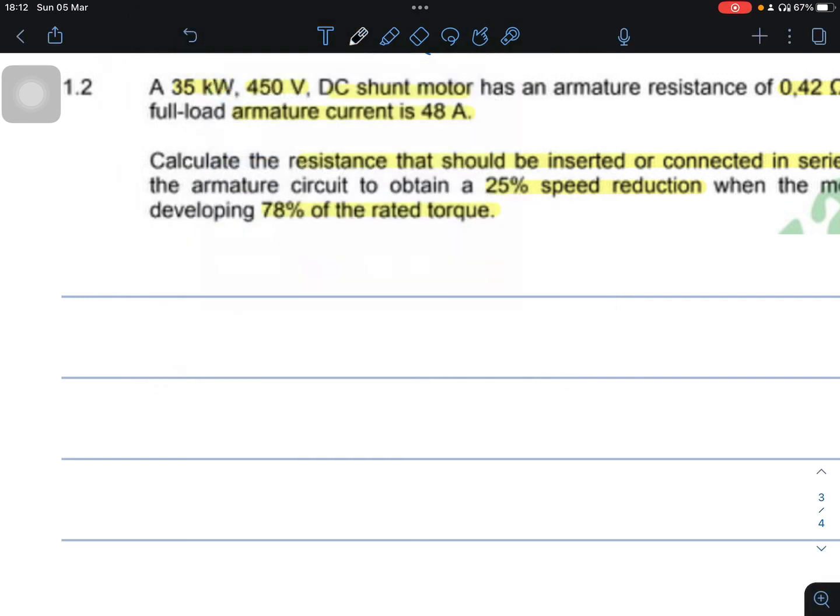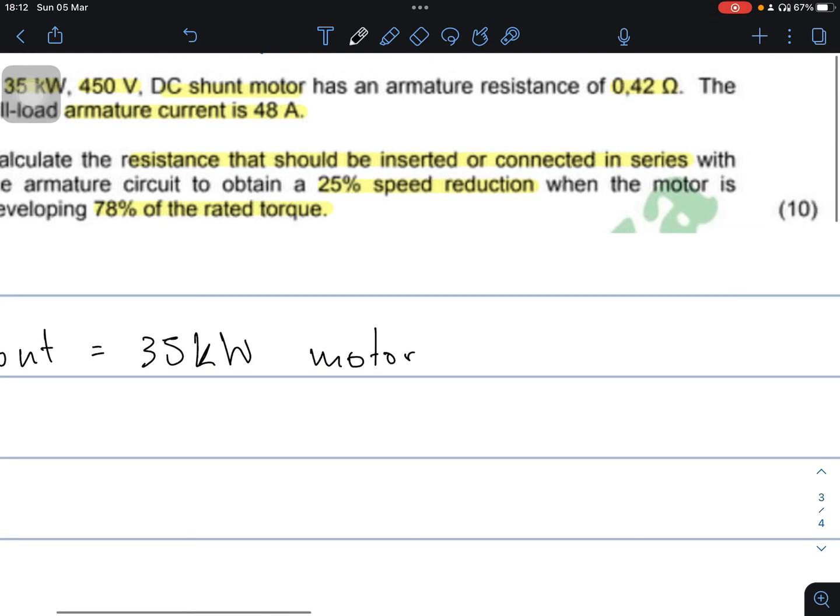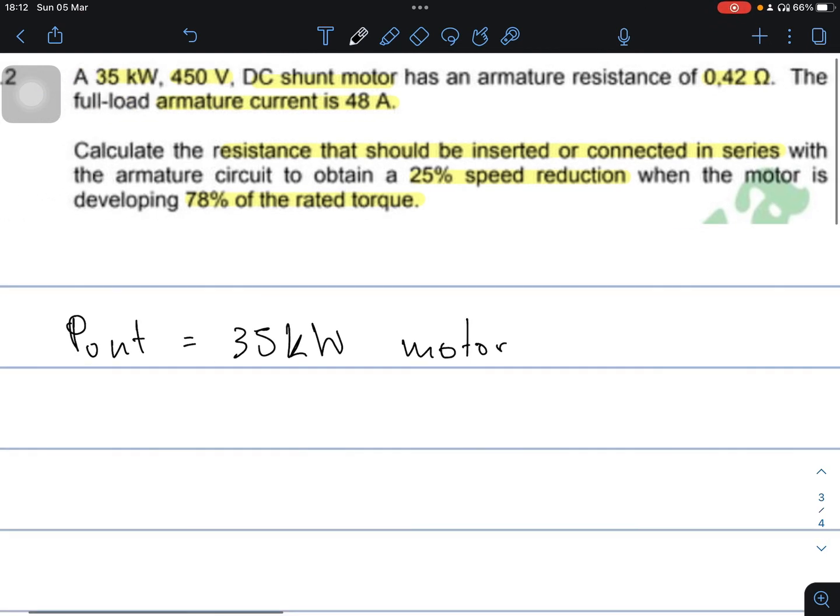So your output power is 35 kilowatts, and it's a motor. I don't want to see this, more especially from my students: if given output power, unless they tell you it draws a power, or they are specific about input power, I don't want to see people saying power out is equal to V times IL.